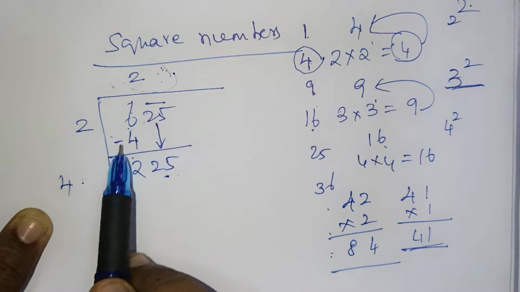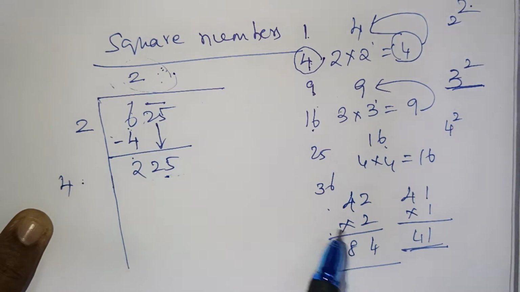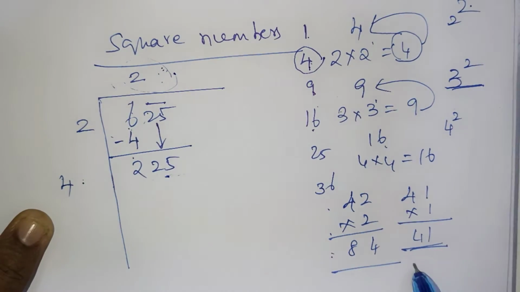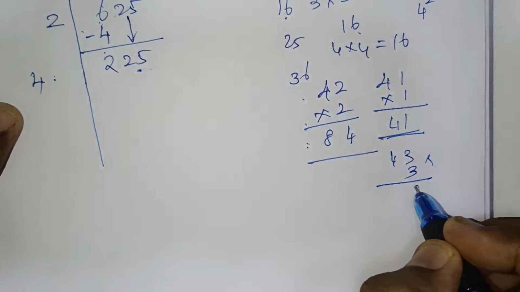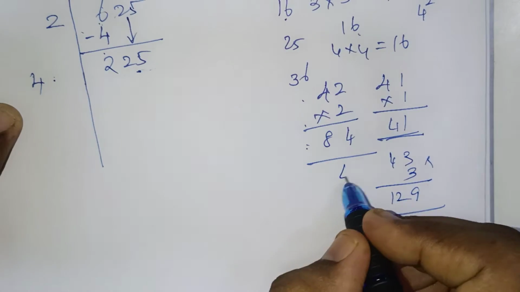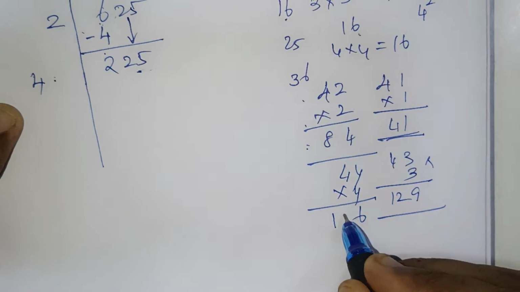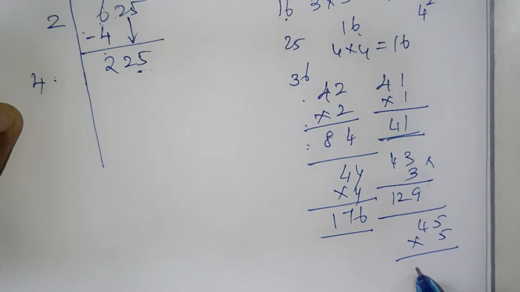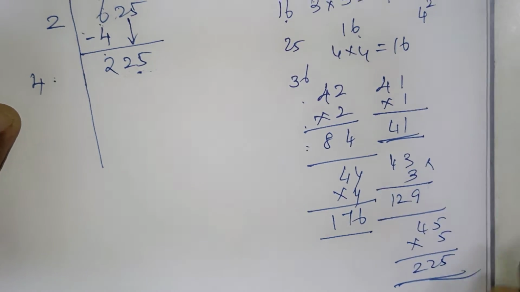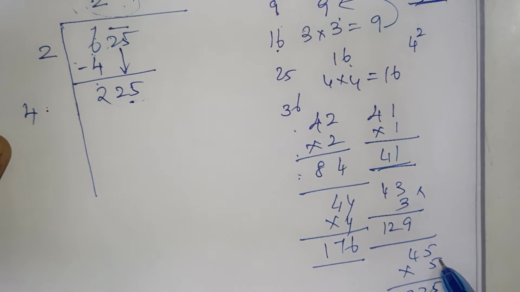Till you get the nearest square number or the square number, you have to keep multiplying. Next 43 into 3, 129. Next 44 into 4, 176. Next 45 into 5, which is 225. So now see, I have got 225 for 45 into 5.